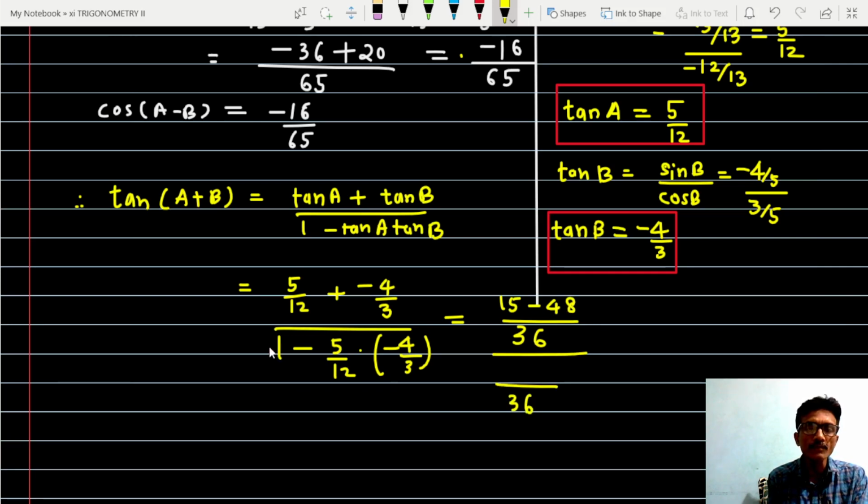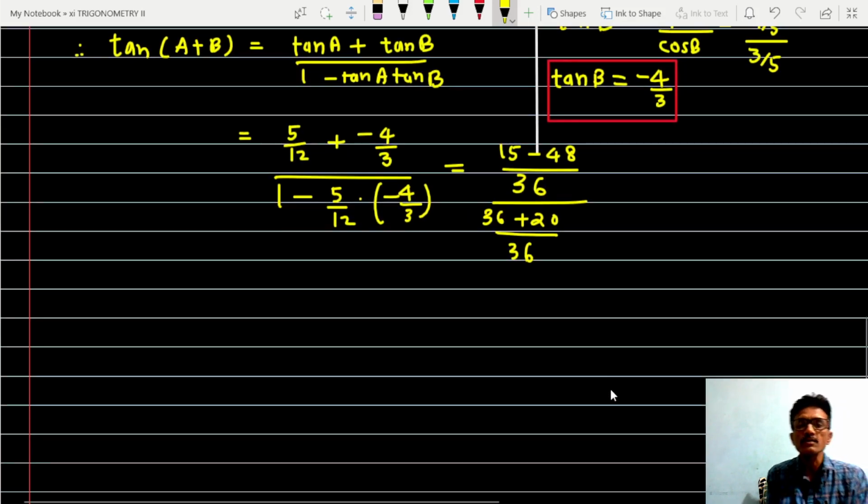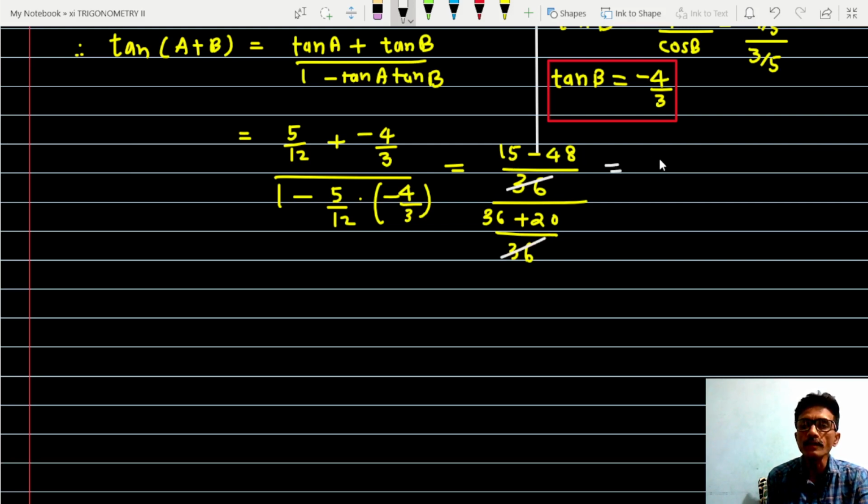36 is the LCM. 36 plus 20, plus 20. See, this 36 is getting cancelled over here. You are getting minus 33 here.